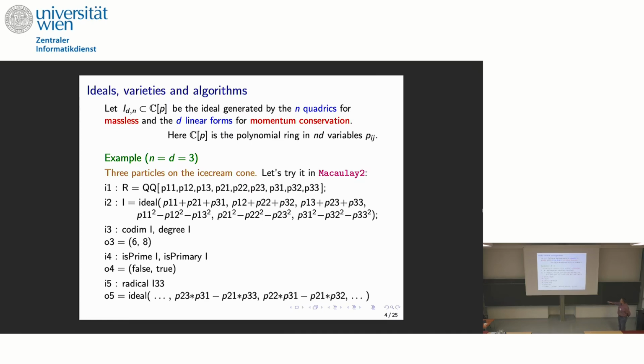This is a typo, this should be just I. And then the radical reveals that there are additional equations that vanish on the variety that are not yet generated by the ideal. Okay, so this is the very first thing that anybody would do when this variety comes along. Okay, so this is a primary ideal, but not a prime ideal.